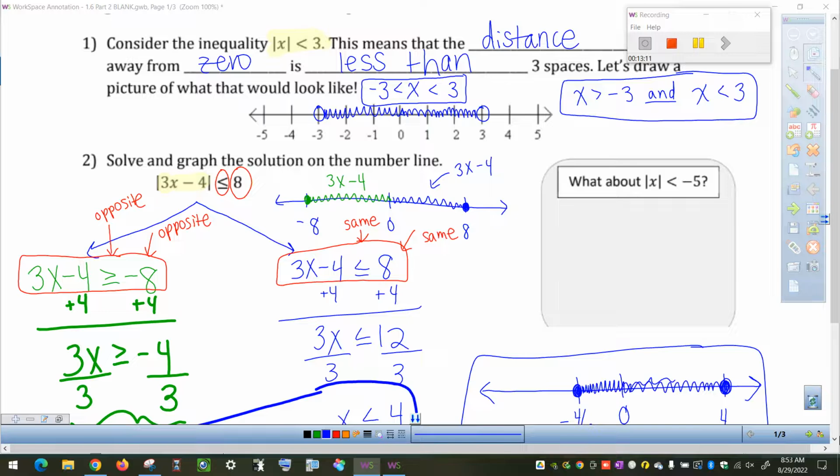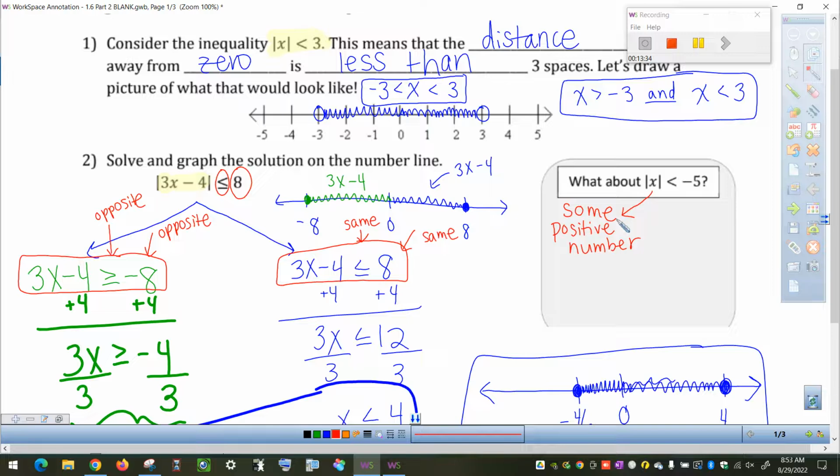Well, the distance that something is away from 0 is always going to be a number that is positive. So I'm going to make a little note here that the absolute value of x, even though we don't know what x is, that answer is going to be a positive number. I'm just going to put the word sum in here. So that's equal to some positive number.